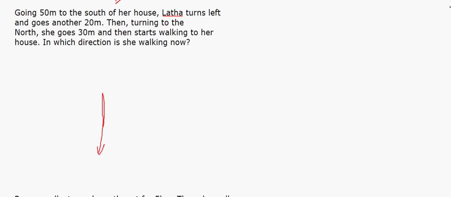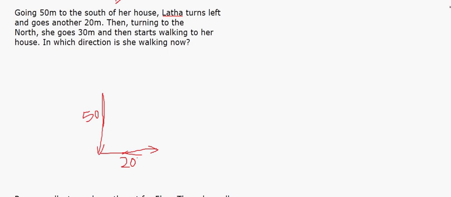So when she is going this way, where would be her left? It would be in the east direction, right? So she turned left and went 20 meters. So this was 50, this was 20, right?